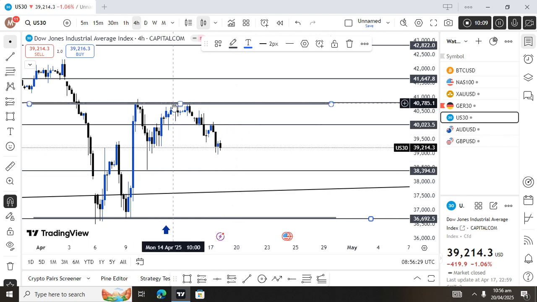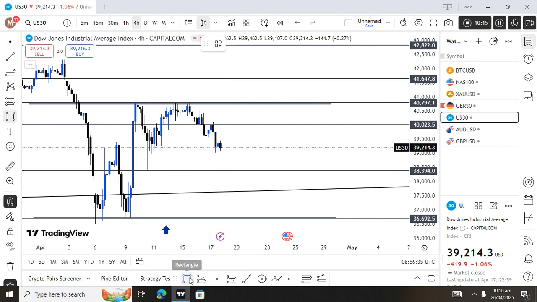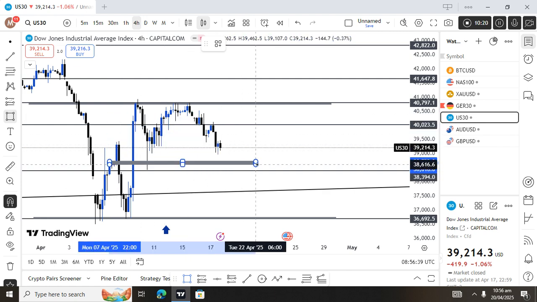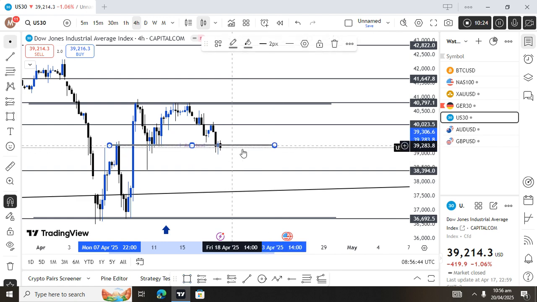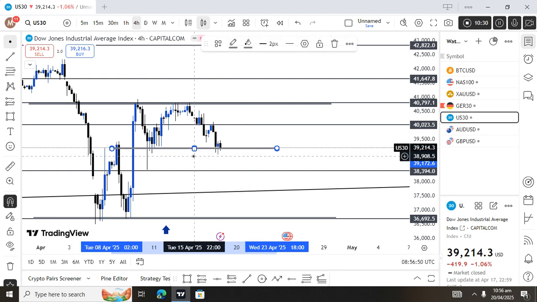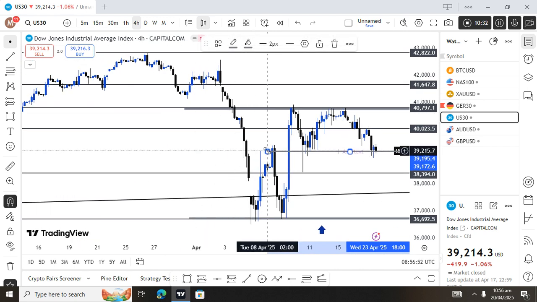We had this first touch, second touch. This is a double bottom. The market did reverse. And we have this zone here, or just this zone. That's why the market reversed. I think it was Thursday here. The market reversed at this area.